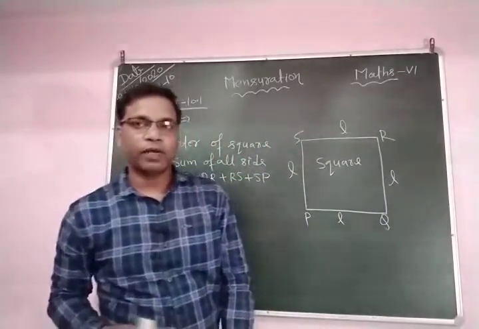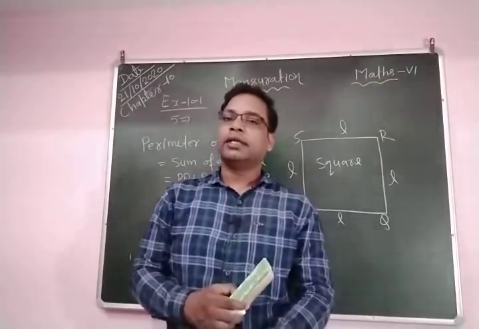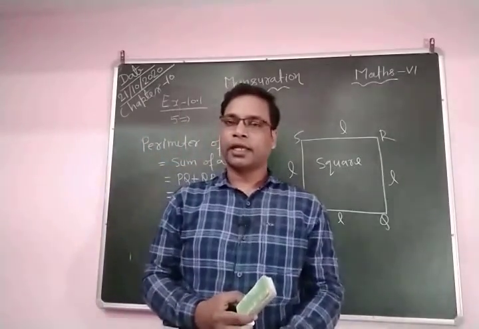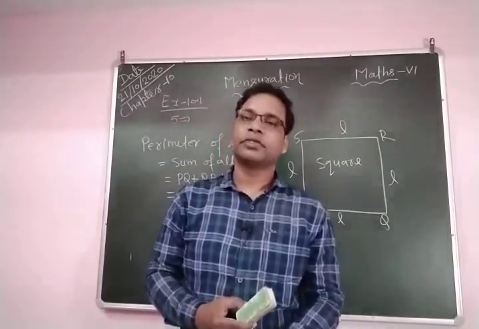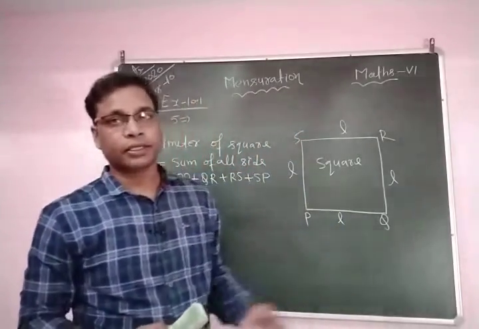Regarding the properties of a square, each side is equal and the diagonals are also equal. All angles are 90 degrees and the diagonals bisect at right angles. But here we need only the sides, and all sides are equal in a square. Clear?